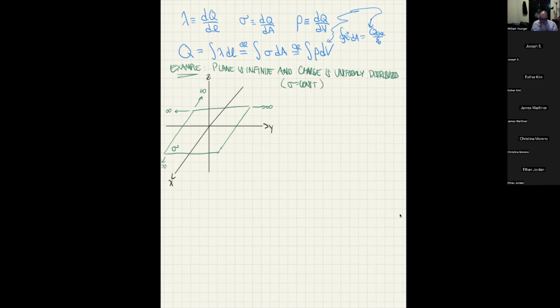Now, because sigma equals a constant, and because of the bigness of this plane, you should be able to reach the conclusion that the electric field for this, at least above the plane, which is literally lying in the XY plane, should point exactly upward.